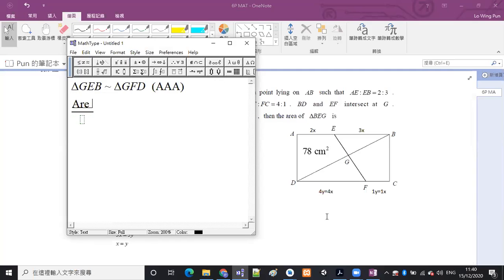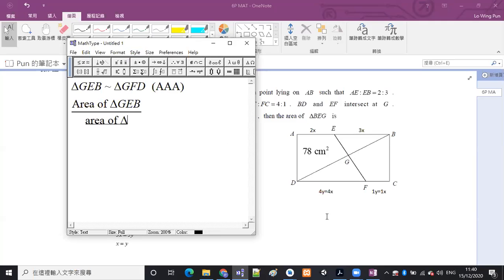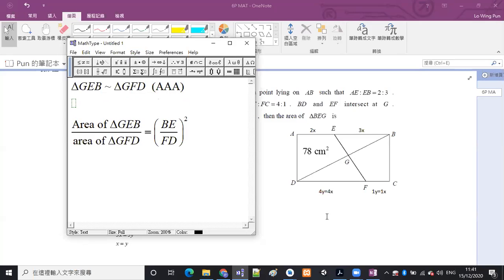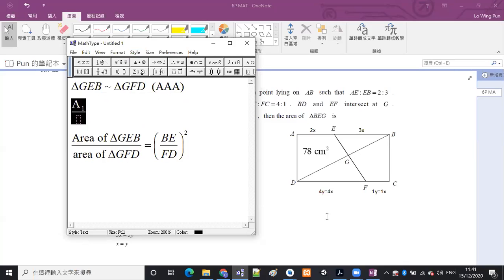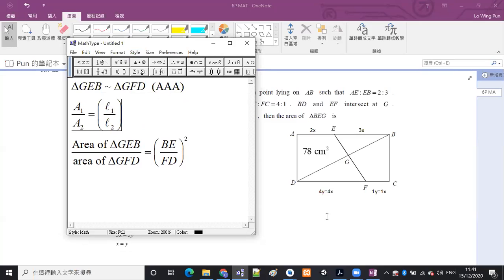If these two triangles are similar, then the area ratio, the area of triangle GEB to the area of triangle GFD, should be equal to L1 over L2 square. So that is BE over FD square. I'm using this formula: A1 over A2 is equal to L1 over L2 square.